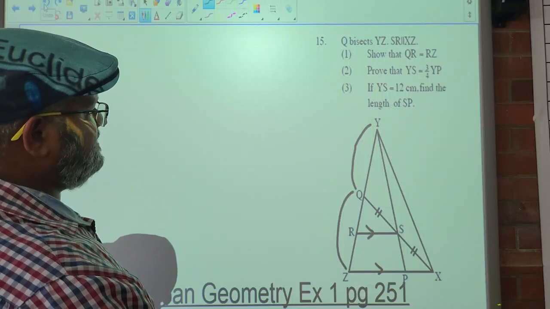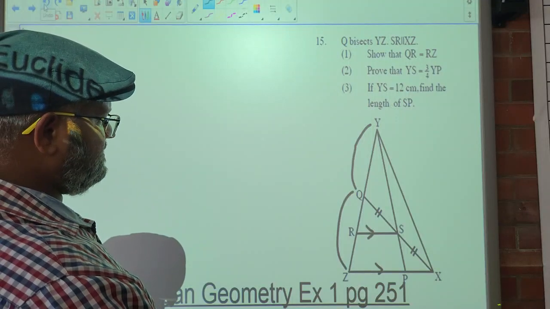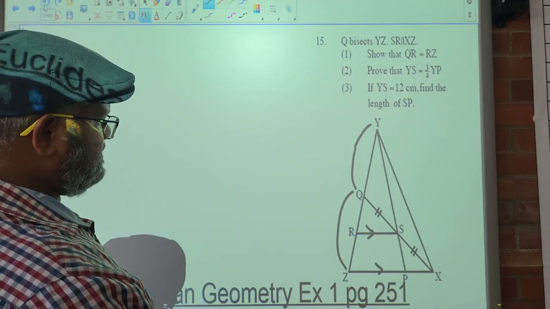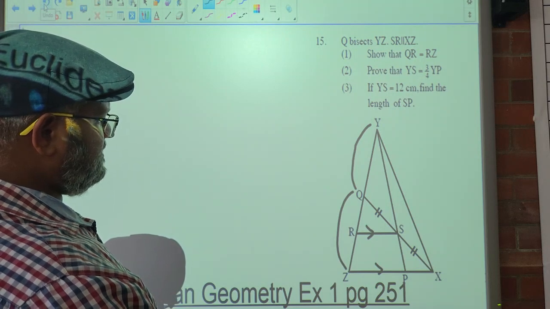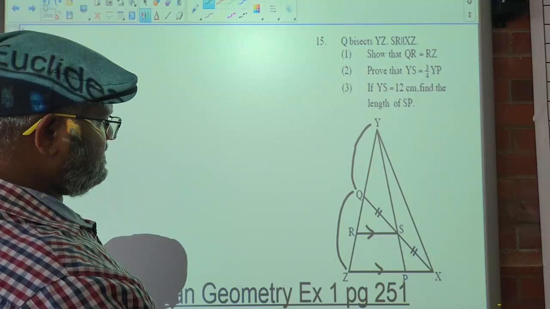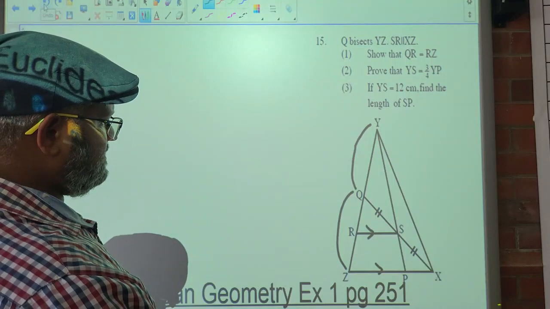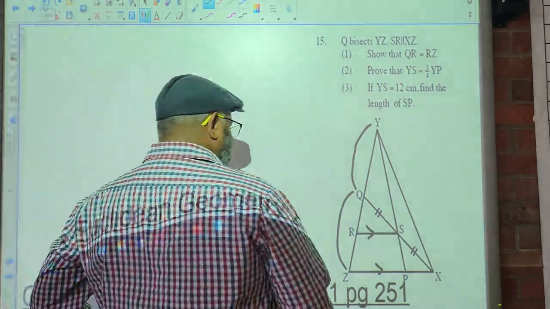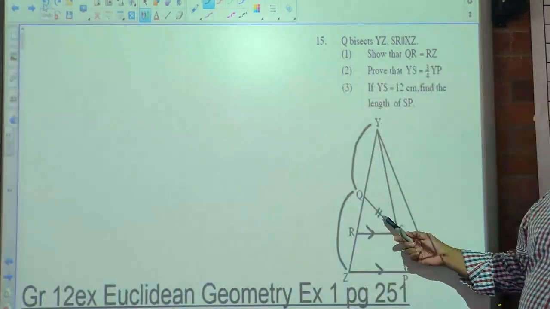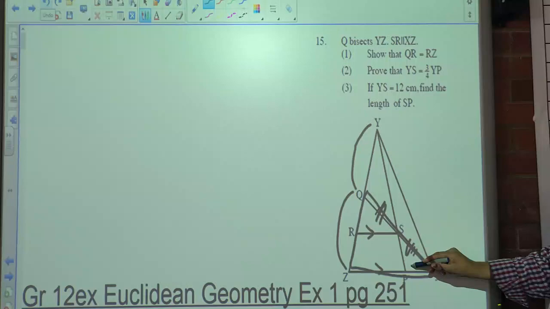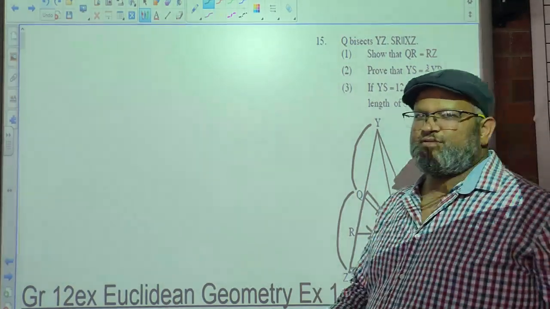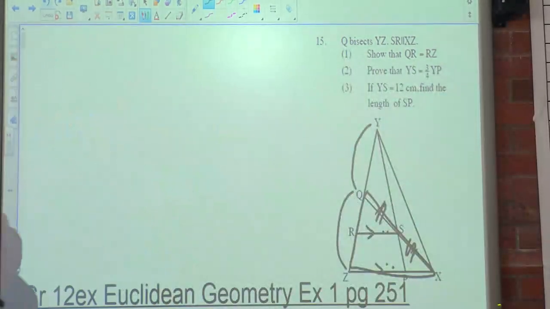Okay? So where's QR? Okay. You see here, what do we notice? What do you see here? Those being equal and that being parallel. What does this remind you of? The midpoint theorem here. Can you see that, people?